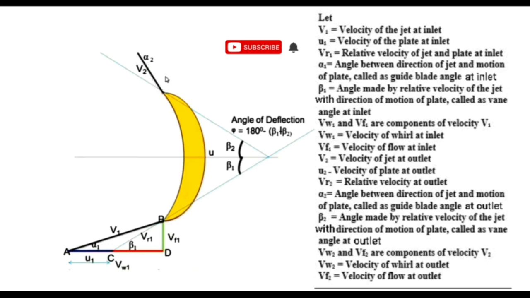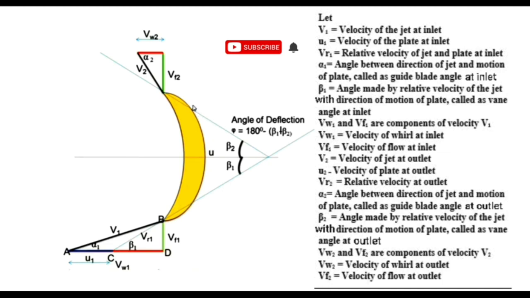As we did in the inlet triangle, this V2 is resolved into two components, that is horizontal and vertical component. Horizontal component of V2 is Vw2, so that is nothing but whirl velocity at outlet, and vertical component of V2 is nothing but Vf2, so that is nothing but velocity of flow at outlet.